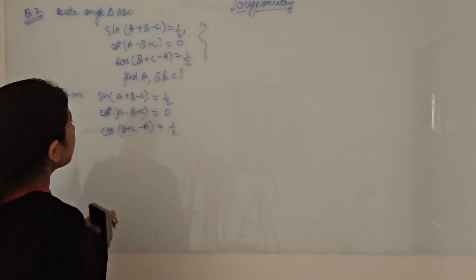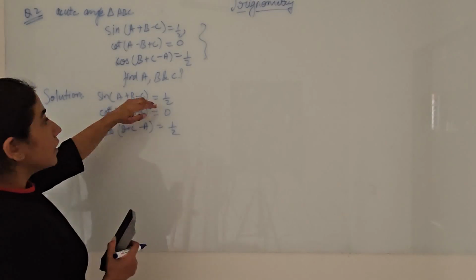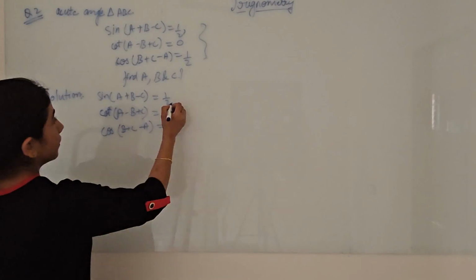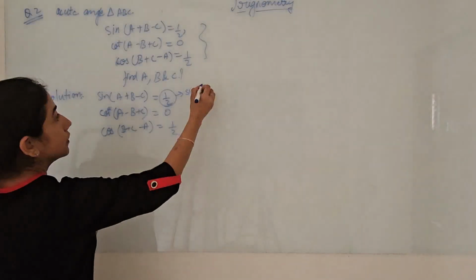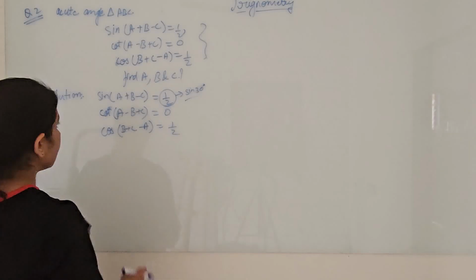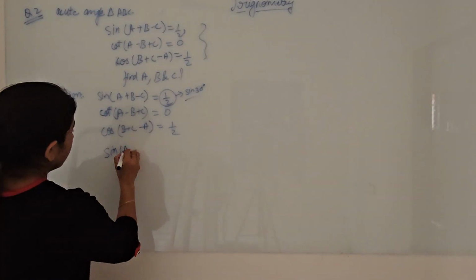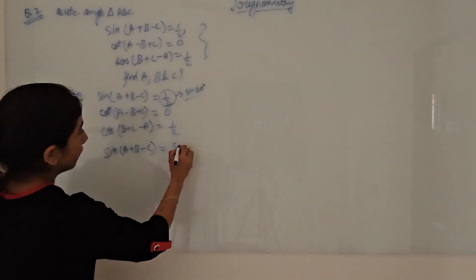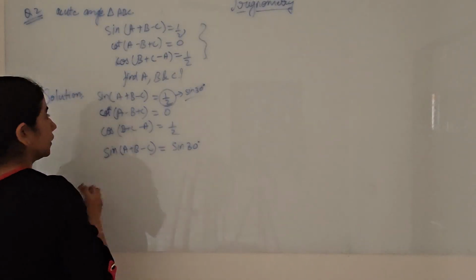Okay. So what I will do, I will first check that when sine theta is equal to half, this is equal to sine 30, right? So let's write it down. Sine of A plus B minus C, instead of half I can write sine of 30.